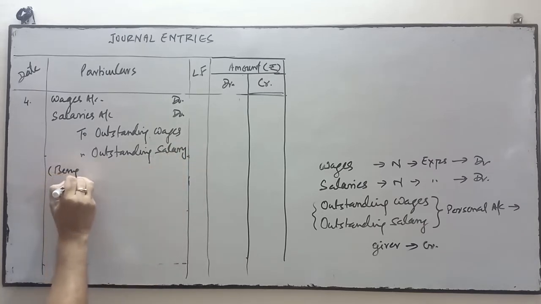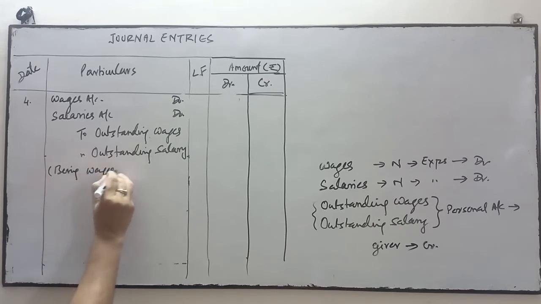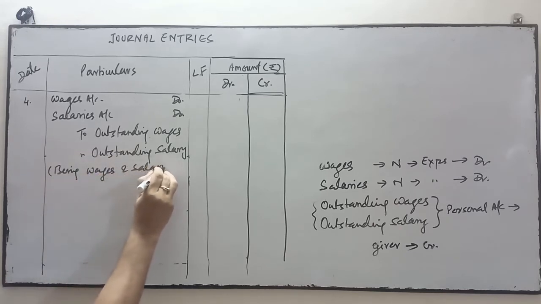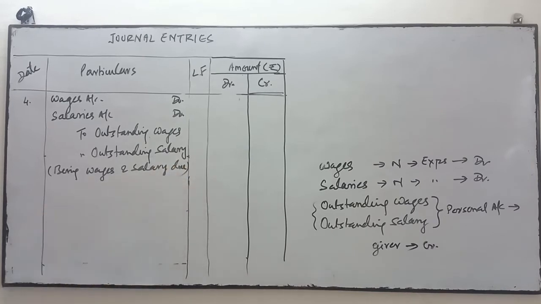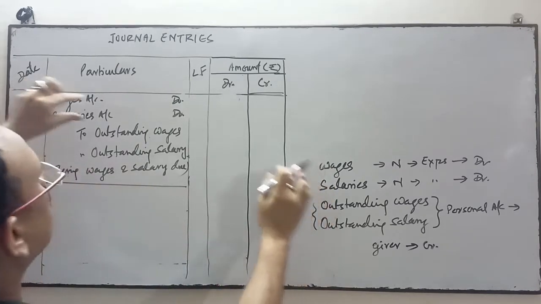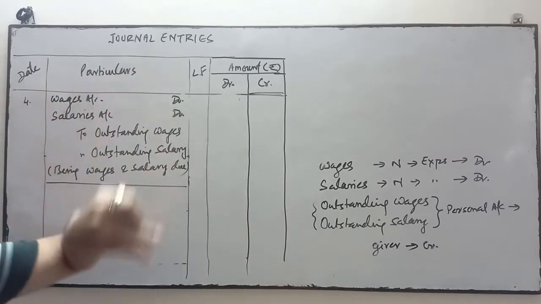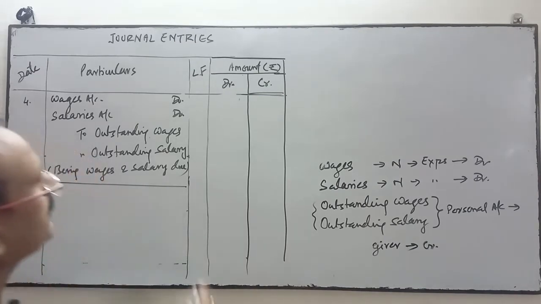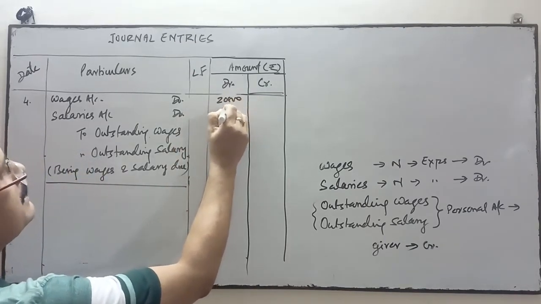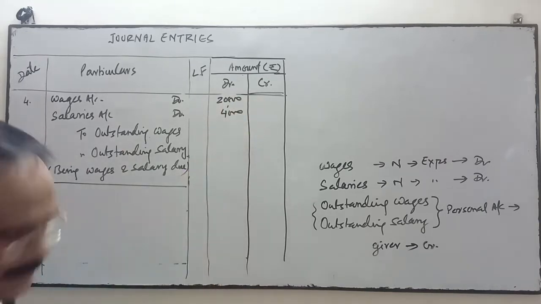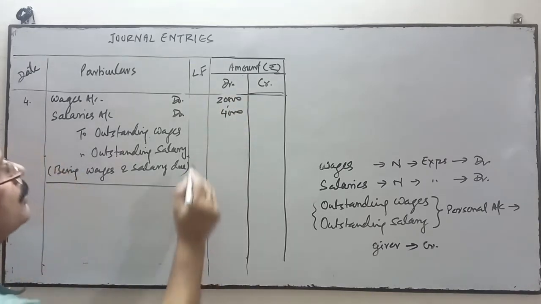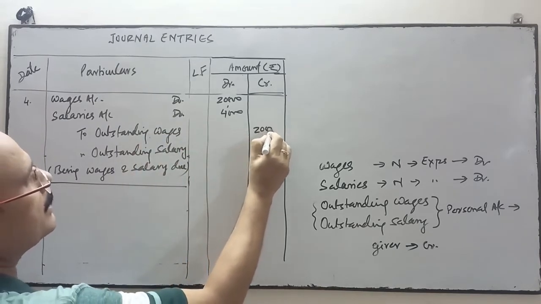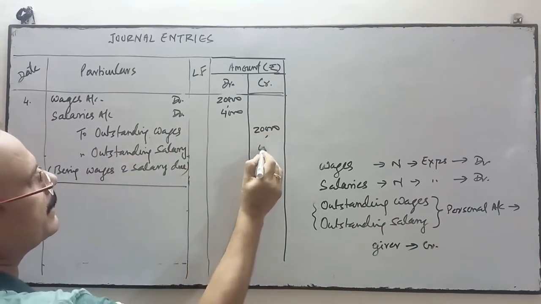Being wages and salary due, not paid. So this will be a block. This is a compound entry. Wages and salary are debited. The wages amount is 20,000 and salary is 4,000. So in outstanding wages we will credit 20,000, and in outstanding salary we will credit 4,000.